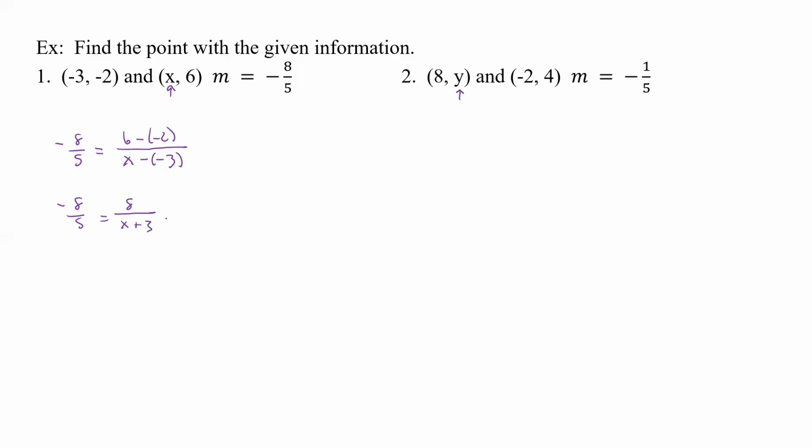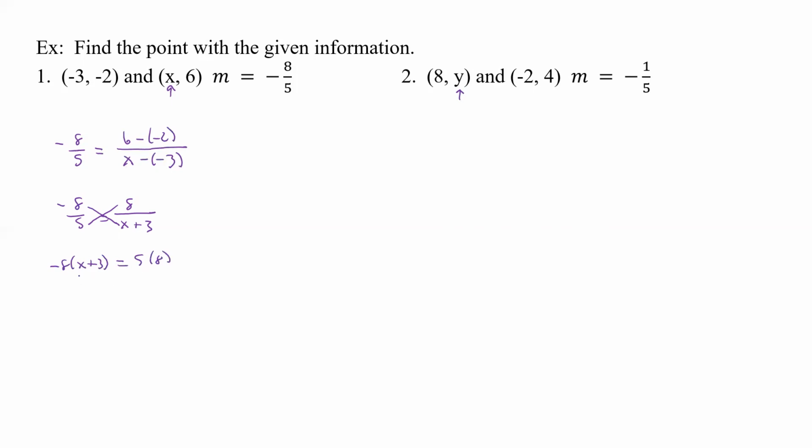Okay. Now, there's multiple ways we can do this, but we still have to solve it no matter how we do it. So if we remember cross products, that might be the easiest way. So we're going to take this times that equals that times that. So we're going to take negative 8 times x plus 3 equals 5 times 8.